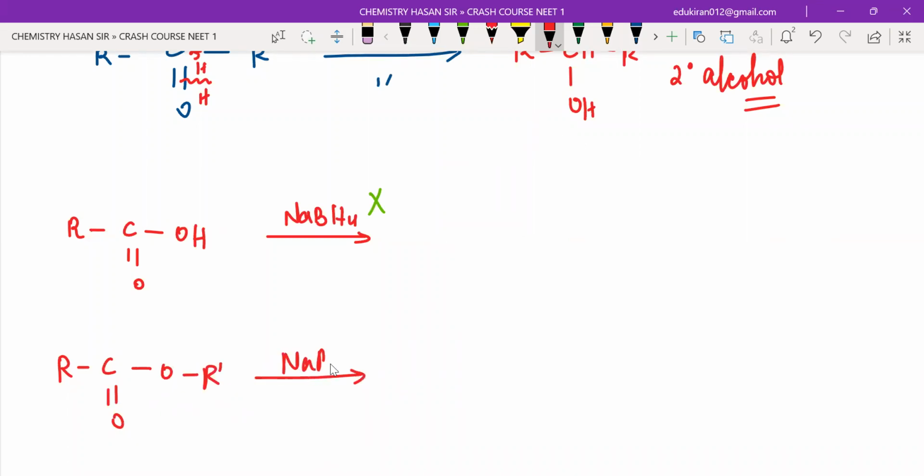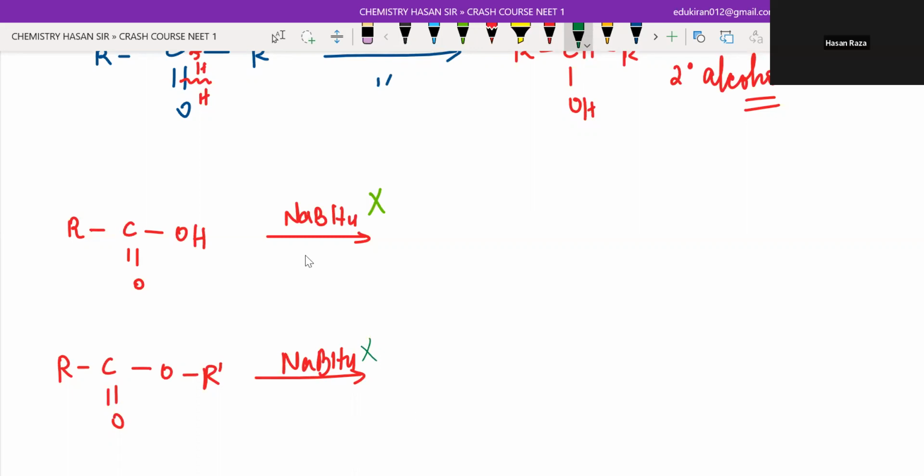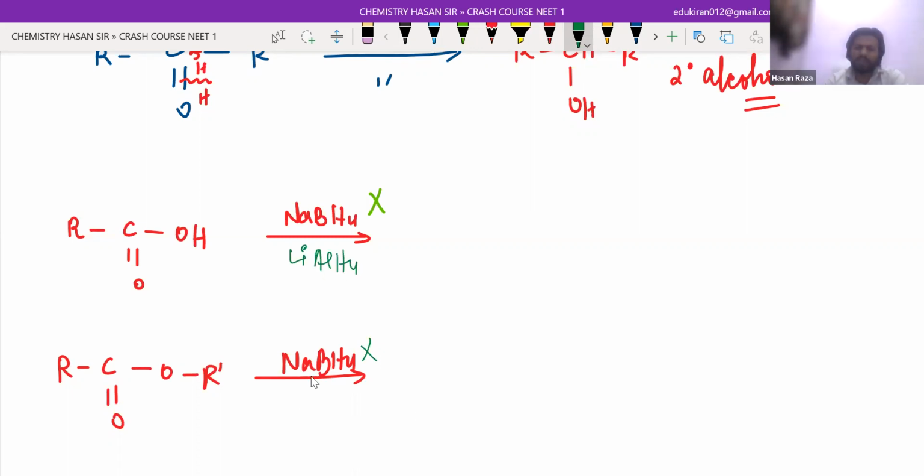We need a strong reducing agent like LiAlH4, lithium aluminum hydride, which is expensive. NaBH4, sodium borohydride, does not work on carboxylic acid and ester. Always remember, this is very important.